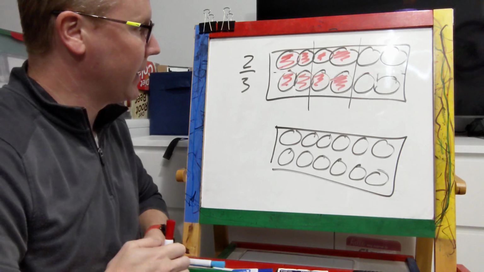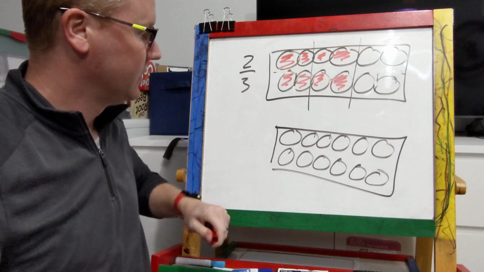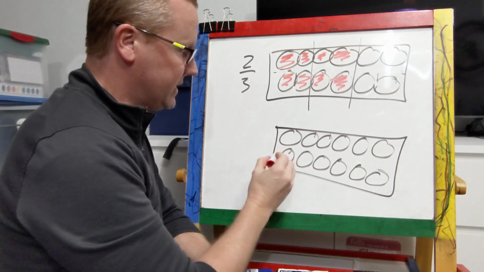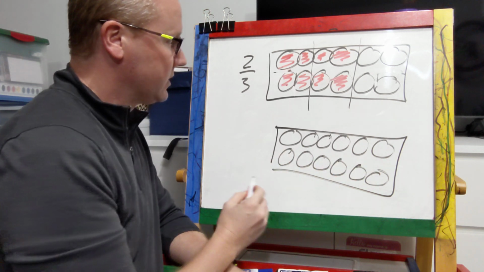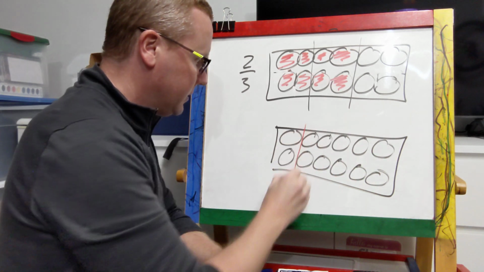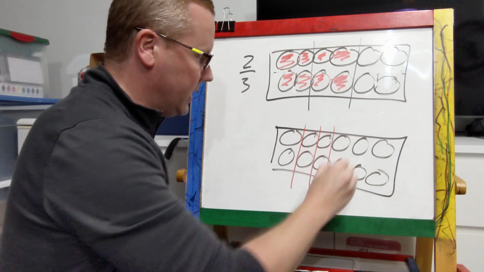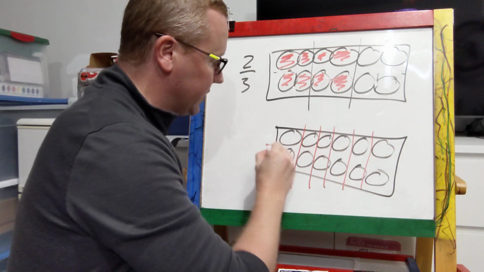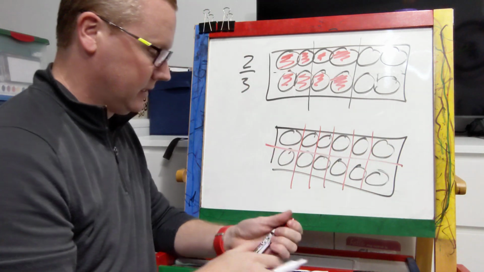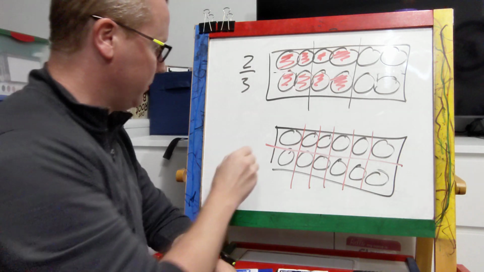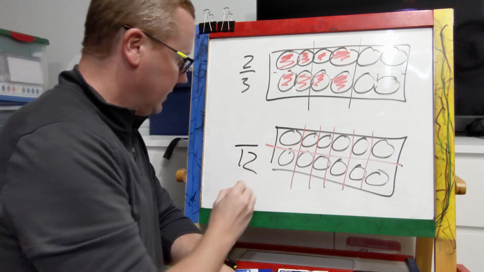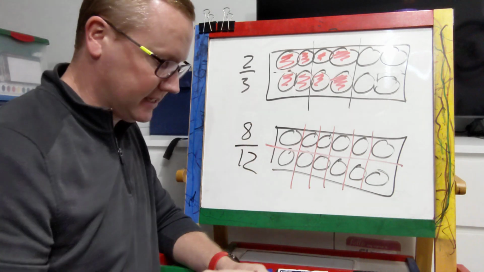How am I going to break up 8/12? Well, there's 1, 2, 3, 4, 5, 6, 7, 8, 9, 10, 11, 12. So when we break it up, we're going to be breaking it up into all individual pieces. You guys were really good at this one when it said 12ths. So I broke it up into 12 equal pieces.